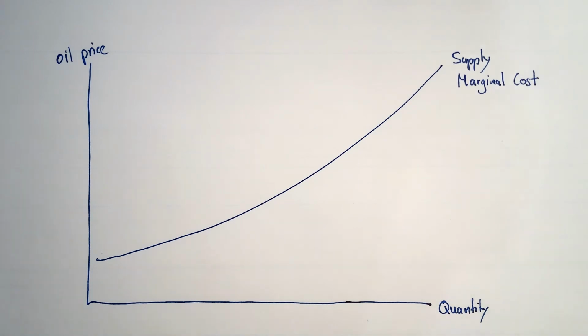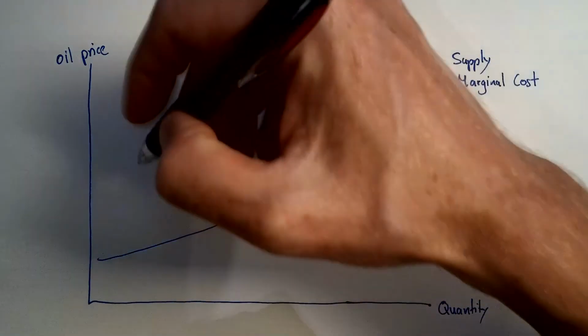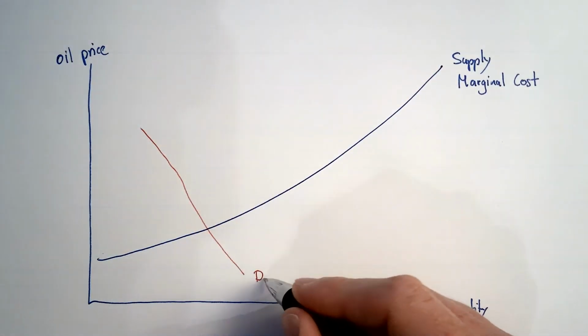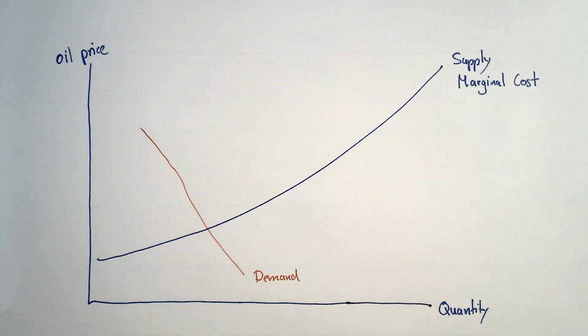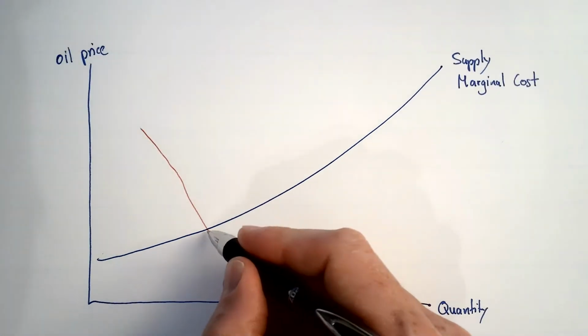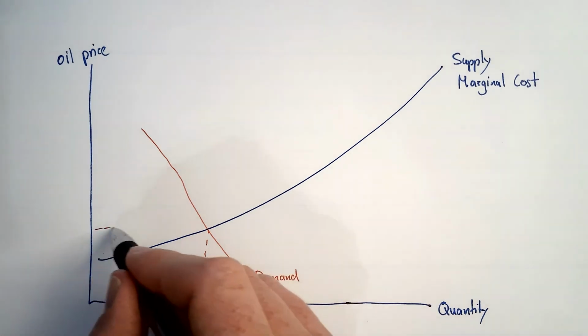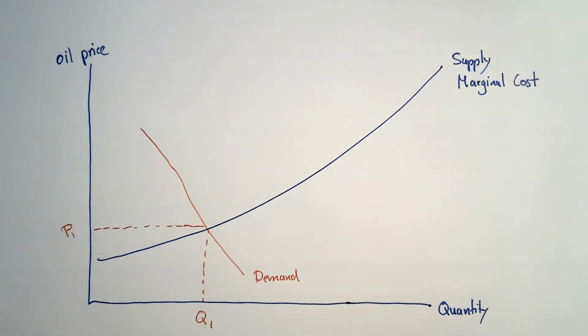And this is already jumping ahead a little bit to the section on supply and demand. But suppose that, say 30 years ago, you had a demand function that looked like this. Okay, in the sense that you had a prevailing quantity, let's call it Q1, and you had P1, okay, where P1 represents the oil price.